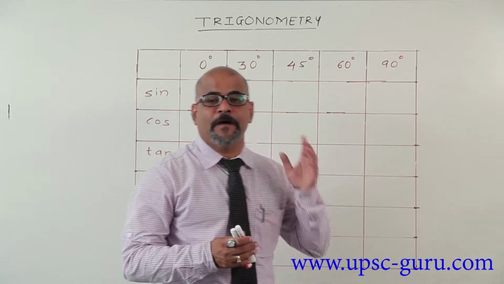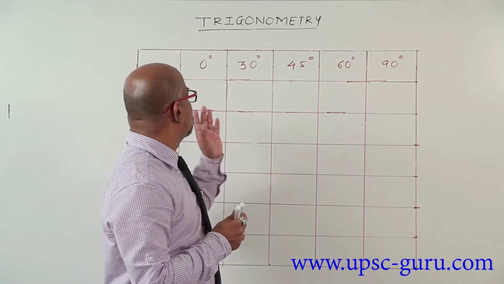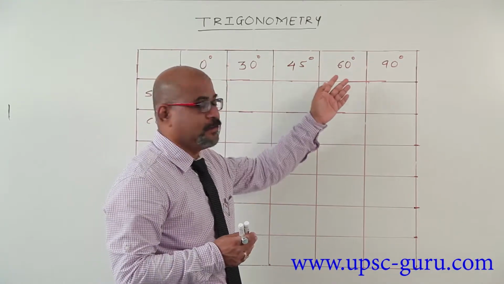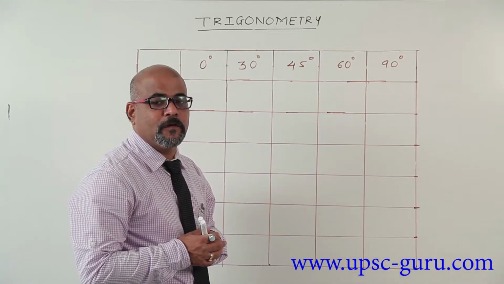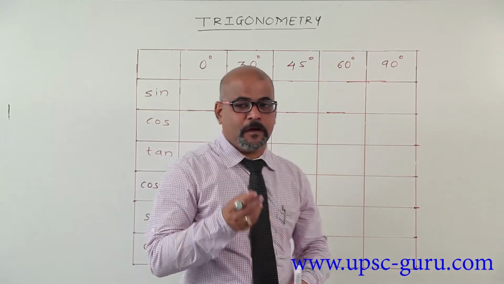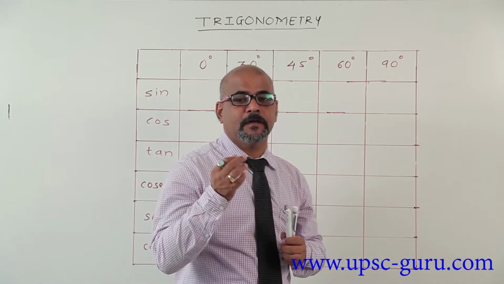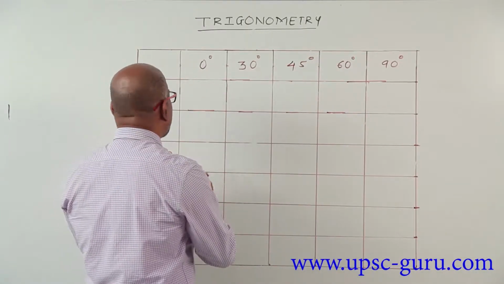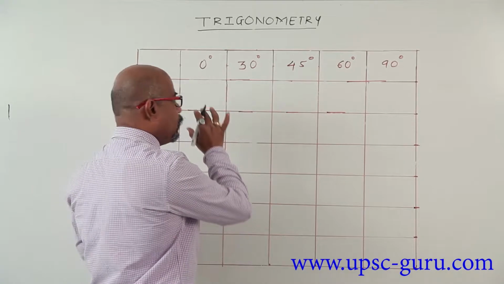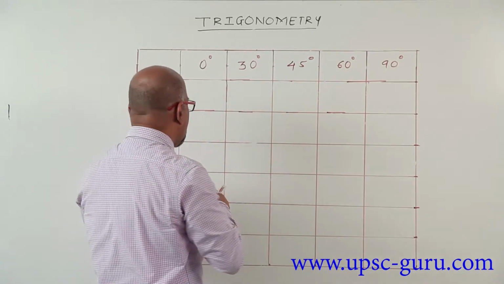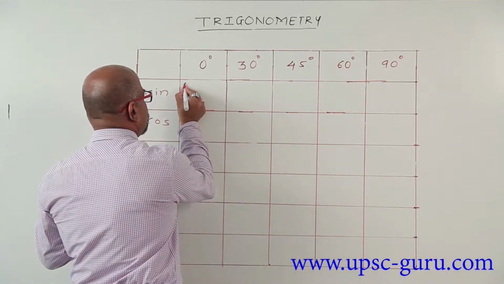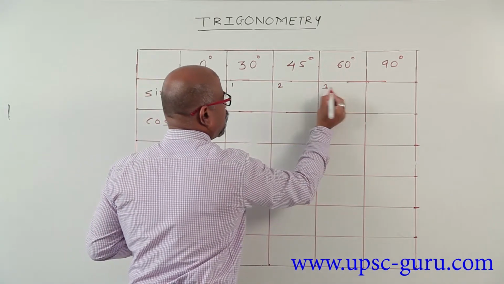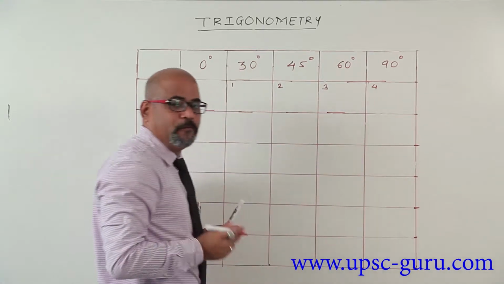Now let us find all the trigonometric ratios for angle 0, 30 degree, 45 degree, 60 degree and 90 degree. To remember all these ratios, I give you one simple method. For the sine ratio, I write here 0, 1, 2, 3 and 4, that is 0 to 4.